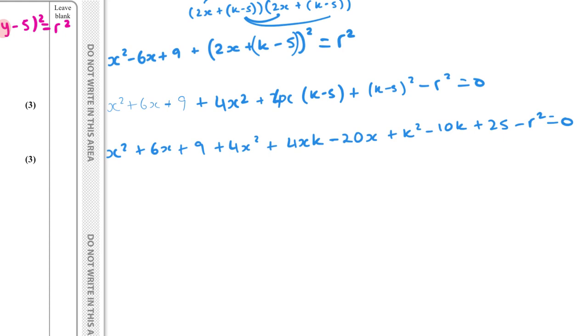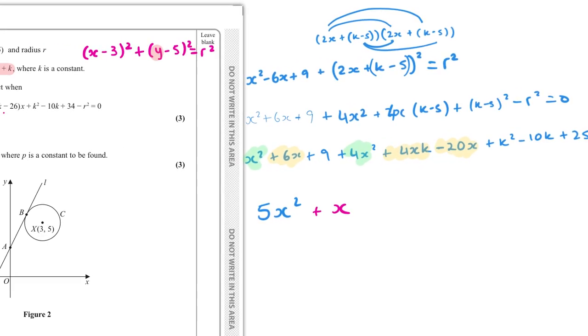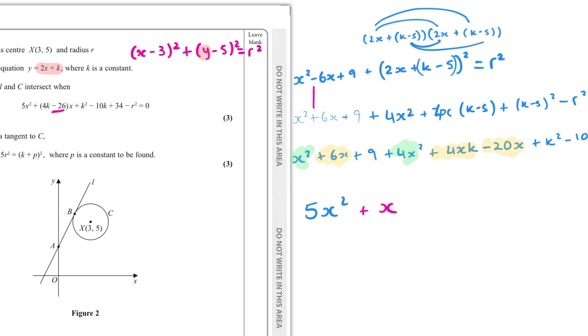Okay, this should be just easy, just might be a bit long-winded, so let's sort it out. Okay, so we've got 5x squared. Okay, then we've got 6x, 4x, 20x. These are my x's. So what is 6x minus 20x? Minus 14x? So remember, they took out the x here, didn't they? Oh, right. Okay, so this is really good. I've made a silly mistake. Remember, it's minus 26.